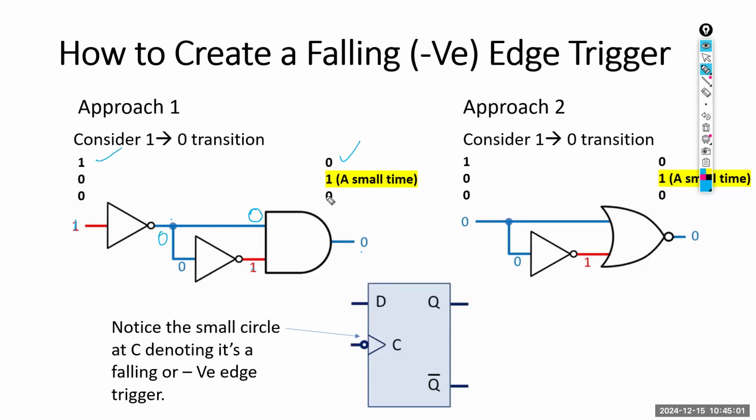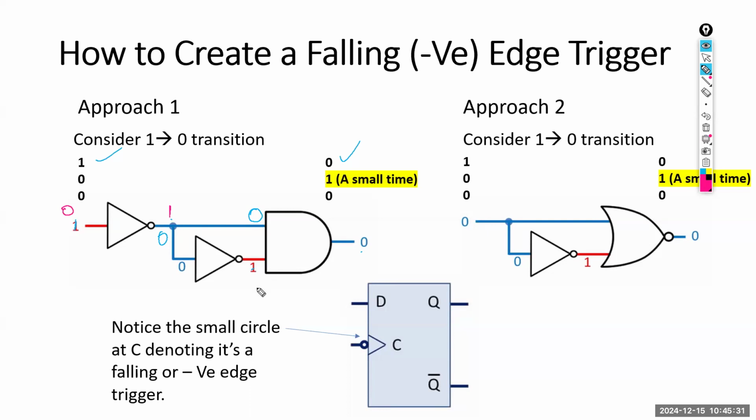Now the current situation is output is 0, input is 1. Let's assume I change this to 0. When I change this to 0, this becomes 1. Intermediary.